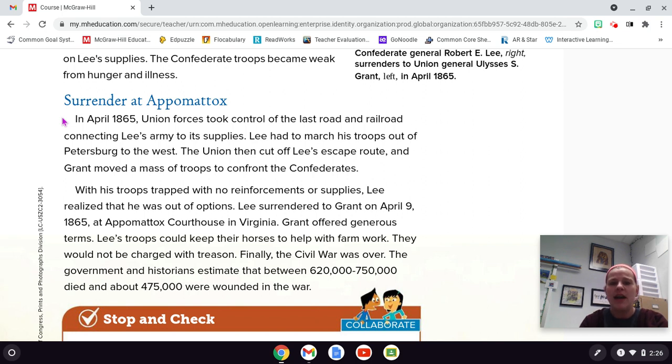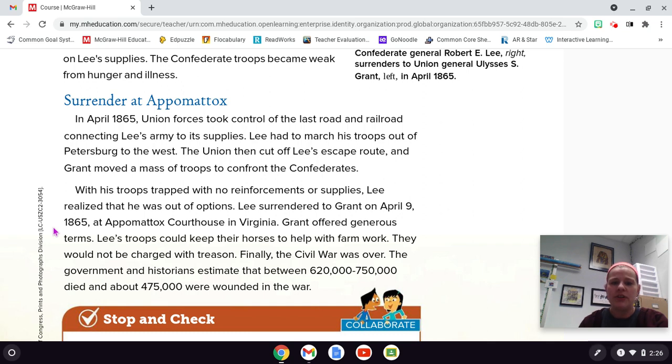The Union then cut off Lee's escape route, and Grant moved a mass of troops to confront the Confederates. With his troops trapped with no reinforcements or supplies, Lee realized that he was out of options. Lee surrendered to Grant on April 9th of 1865 at Appomattox Courthouse in Virginia.